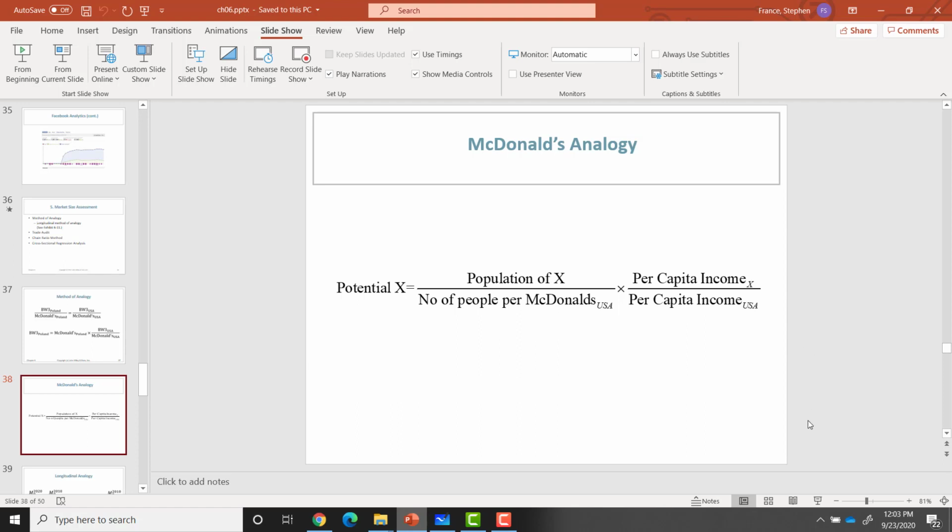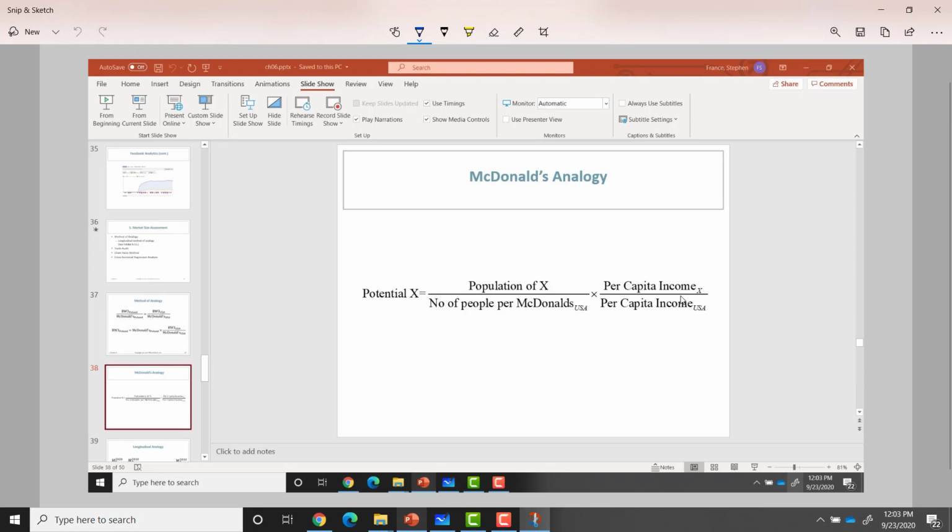So let's do another example, and we'll just do it on this slide. Let's imagine that we're going to Brazil, and Brazil has a population of 200 million.